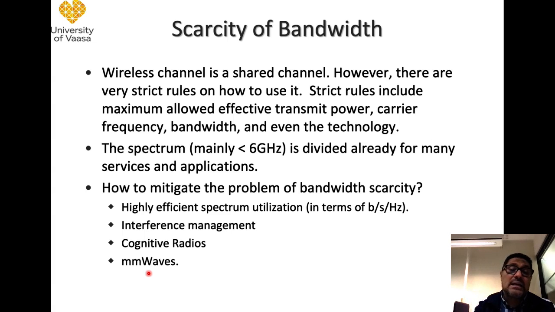Even though some commercial devices have already started at 24 gigahertz, and it will be part of 5G, there are still some open questions, for example, about the biological effect of these millimeter waves, or how these millimeter waves will affect human cells in the long run. So there are still open questions about these millimeter waves.